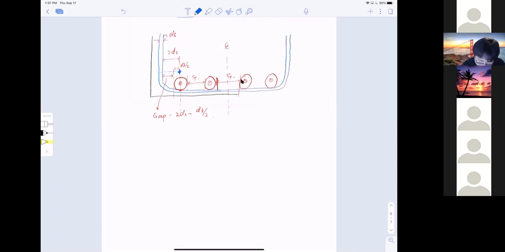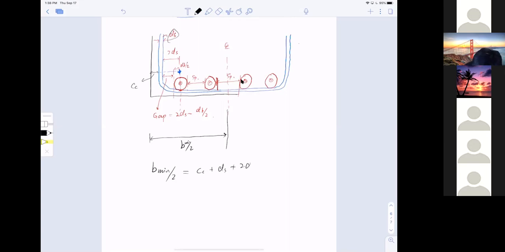Now, I want to do a half beam width. It's symmetric, right? Yep. So my minimum half width, let's call the clear cover CC, is equal to CC plus ds, the stirrup, plus the gap, 2ds minus db over 2.